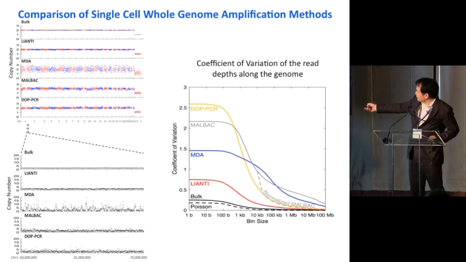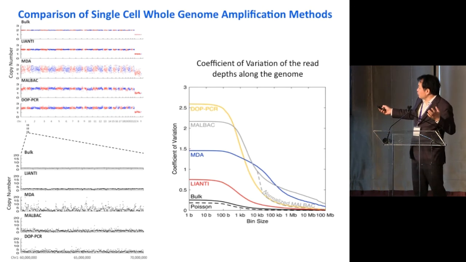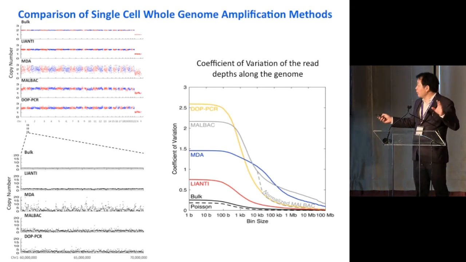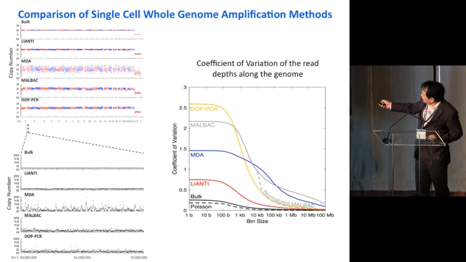But you see, LIANTI is better at all scales. The vertical axis is the coefficient of variation. That is the standard deviation divided by the mean. And of course, the noise is dependent on the bin size. But at all scales, LIANTI is superior. It's very flat, almost as flat as the bulk.